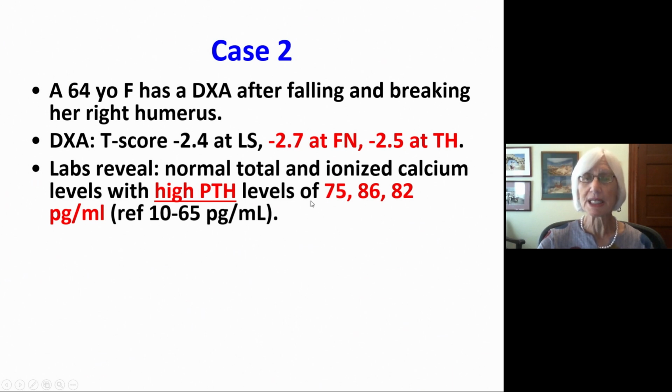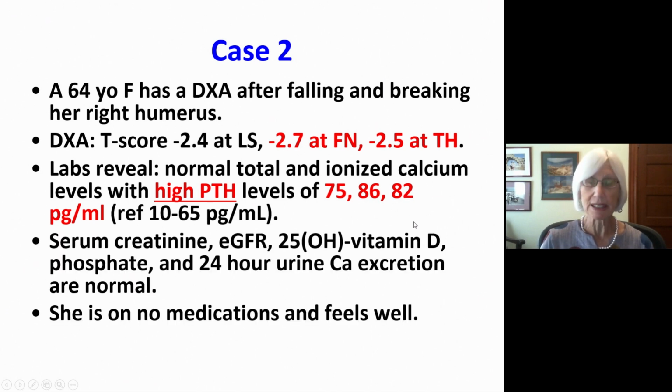With normal up to 65, she has high levels on 3 different days. Her creatinine is normal, GFR is normal, 25D, phosphate, and 24-hour urine calcium excretions are all normal. She's not on lithium or hydrochlorothiazide. She feels completely well other than getting over her broken arm.